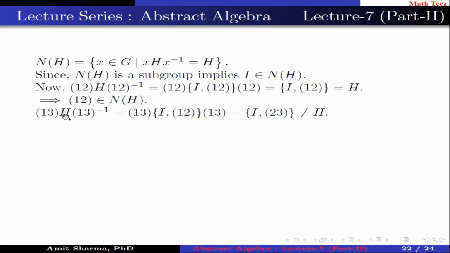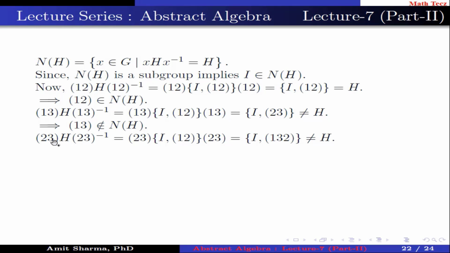Product of (1 3) H and (1 3) inverse is equal to identity and (2 3), that does not equal to H, implies (1 3) does not belong to N(H). The product of (2 3) H and (2 3) inverse is equal to identity and (1 3 2), that does not belong to H, implies (2 3) does not belong to N(H).